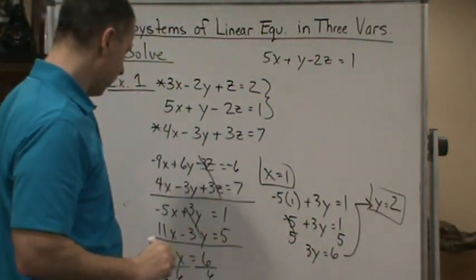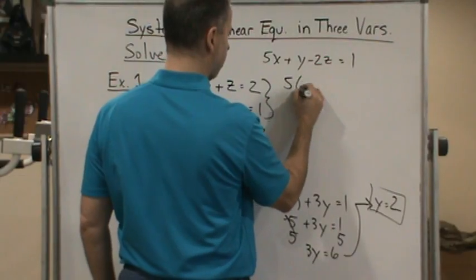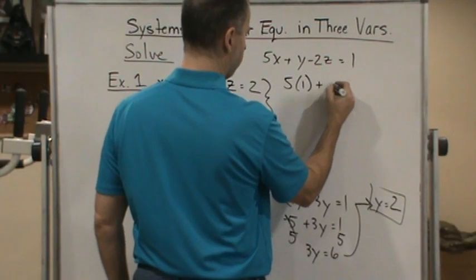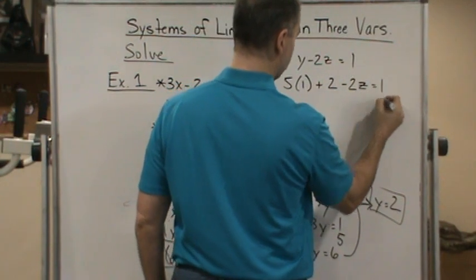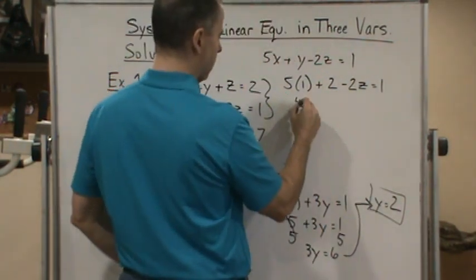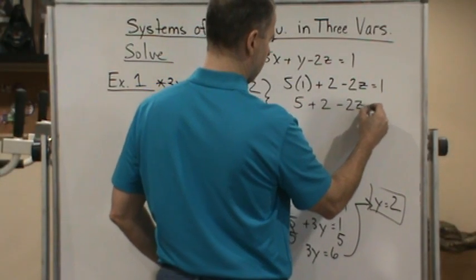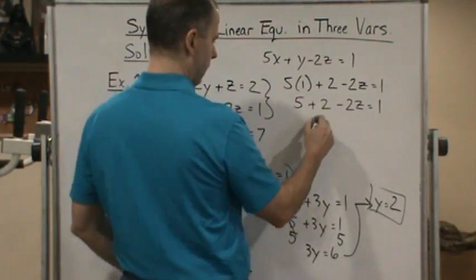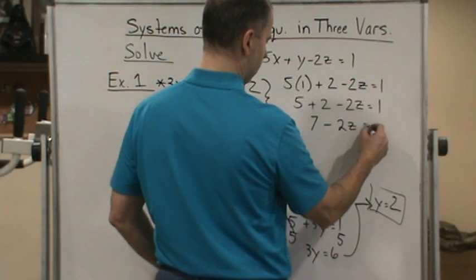Now I'm going to plug in 1 for x and 2 for y. So this is going to be 5 times 1 plus 2 minus 2z equals 1. So now this is 5 plus 2 minus 2z equals 1, and then it's going to become 7 minus 2z equals 1.